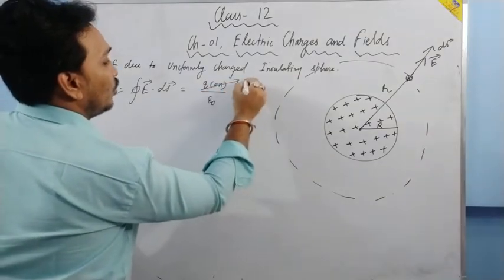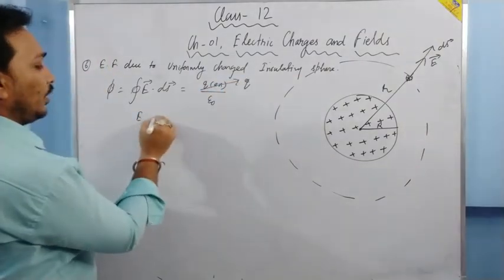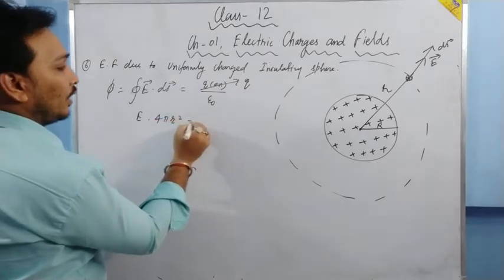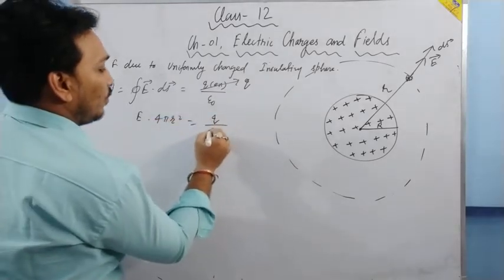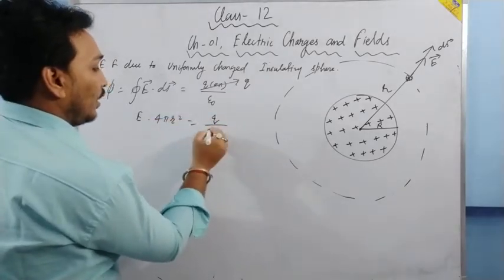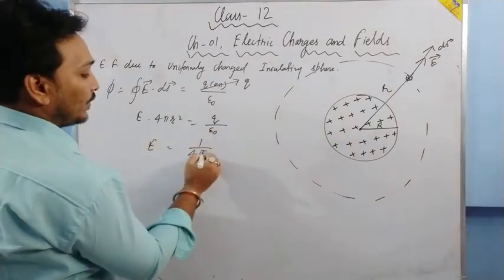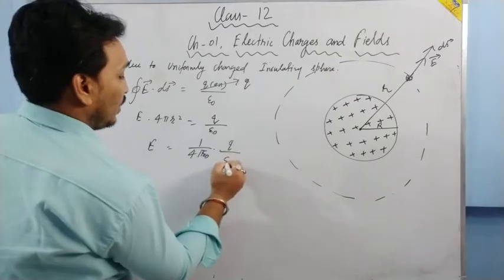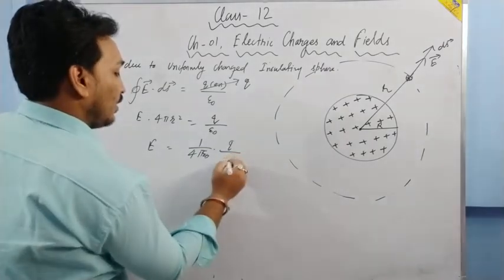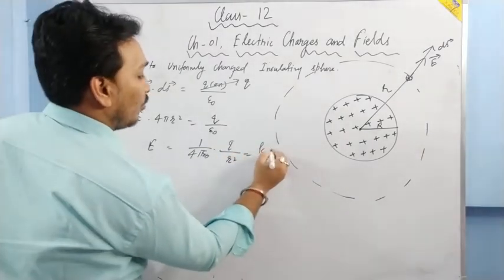It will become q. For this it will become E into 4 pi r square. It is equal to q upon epsilon naught. And then after, E is equal to what? 1 upon 4 pi epsilon naught q upon r square, which we can write kq upon r square.